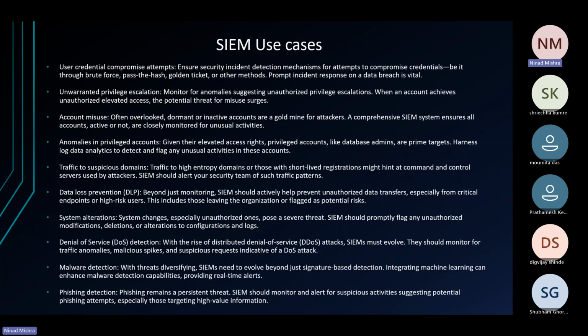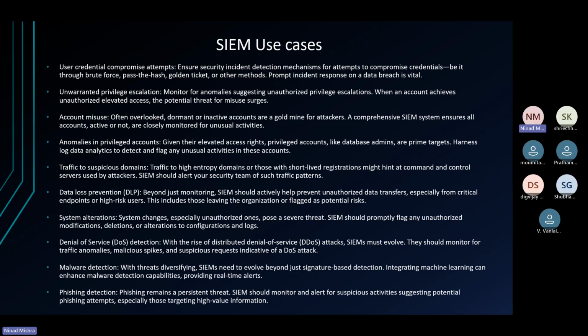Malware detection, I already told you. Phishing detection, we have already gone through the phishing part. Now, how will you detect phishing? You create a use case where you see any spelling mismatch in the email, or any malicious IP present in that email. Tools are present like Office 365 or Symantec email gateway, which have their own checks and are integrated with the SIEM.